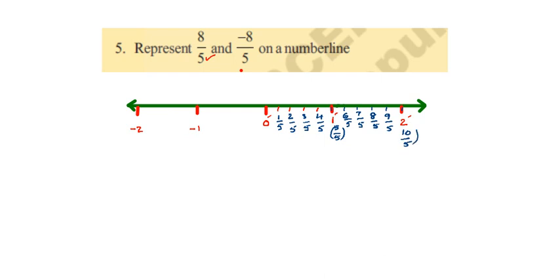In the same manner, on the negative side of the number line, you may divide each part into 5 equal parts.